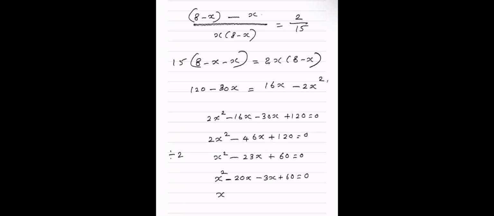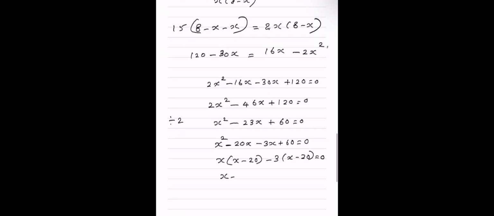So x into x minus 20 minus 3 into x minus 20 equal to 0. X minus 20 is common, take that out. What are you left with? X minus 3. So x is equal to 20 or 3. When x is equal to 3, 8 minus x would be 5, the second number.